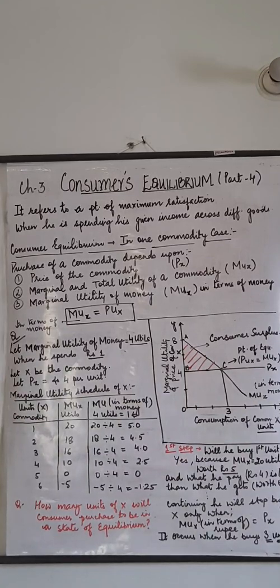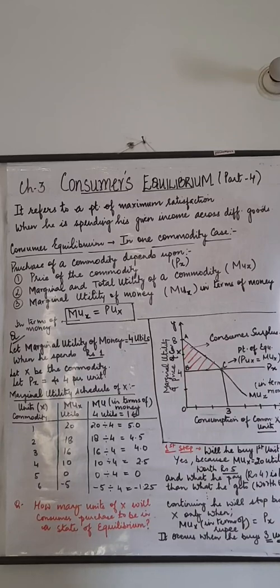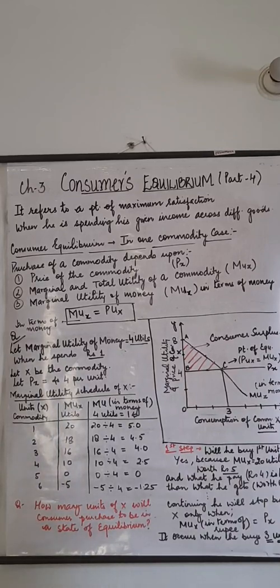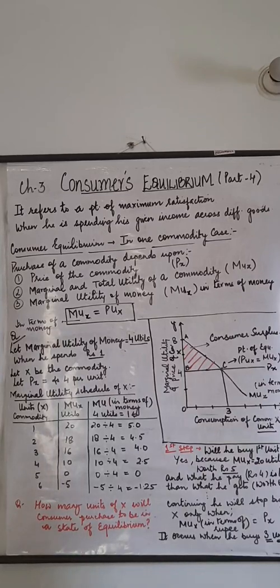For example, when you go to the market, you are a consumer, a purchaser of certain goods. How do we purchase things when we go to the market? We purchase things according to the amount of money that we have in our pockets. Definitely we cannot purchase more than that.